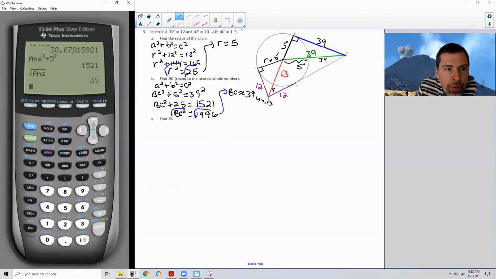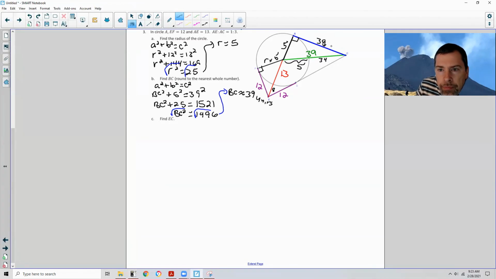So I'm going to put 38.68 over here. That is not an isosceles triangle. That would be impossible. There's no such thing as a right isosceles triangle on a flat plane. Okay, so let me make that neater. That's a mess. 38.68.